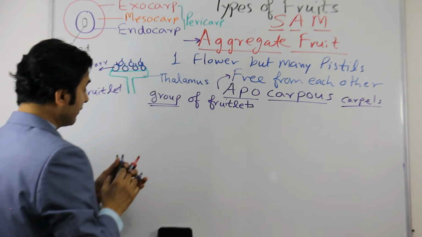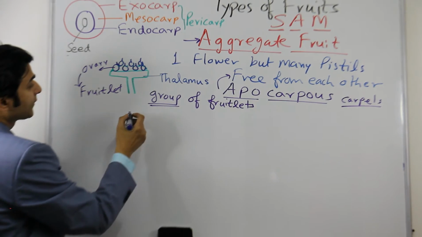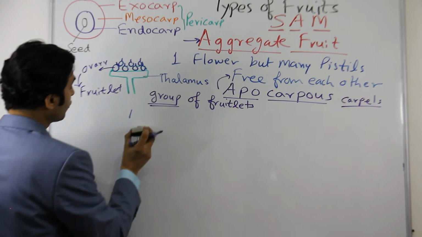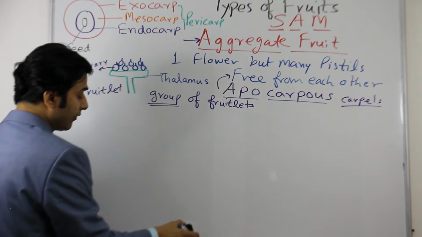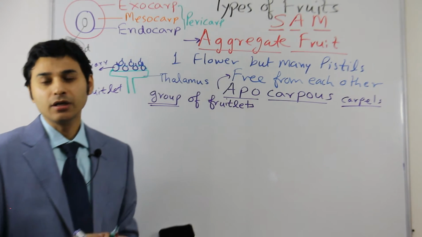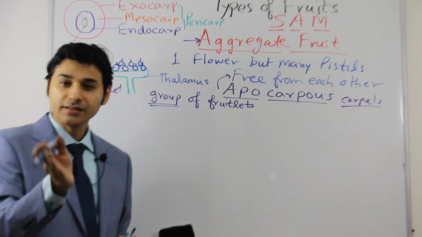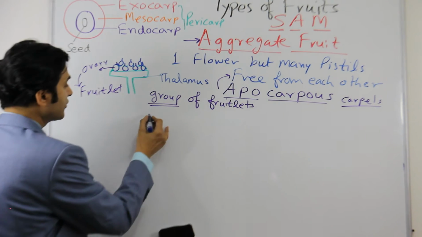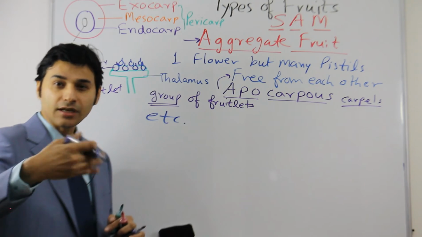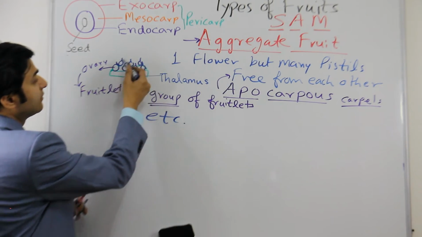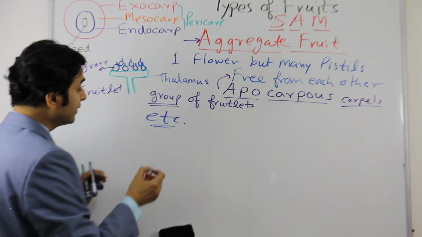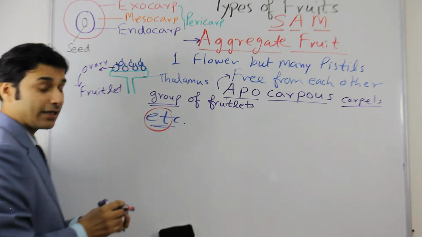Now the name given for this, you can think before we discuss this: when you write about some examples, you write like this, and etc, etc. Etc means and others. There are so many things. So here also there are many. So from etc you will take this.